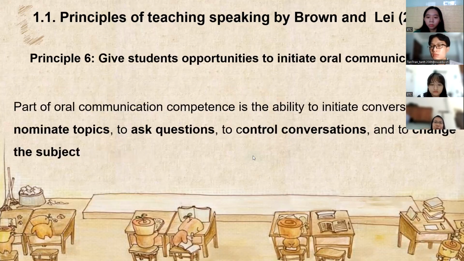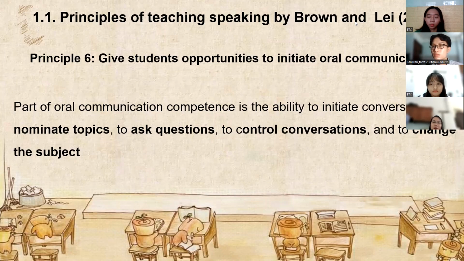Okay, so number 6 is: give students opportunities to initiate oral communication. Of course, this is really important. Why? Because in speaking, we cannot improve students' speaking skill without letting them speak. So our priority in giving a speaking lesson is creating time for them to practice speaking, for them to have a chance to improve their oral communication.